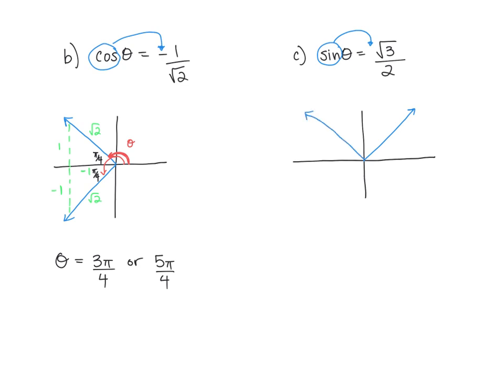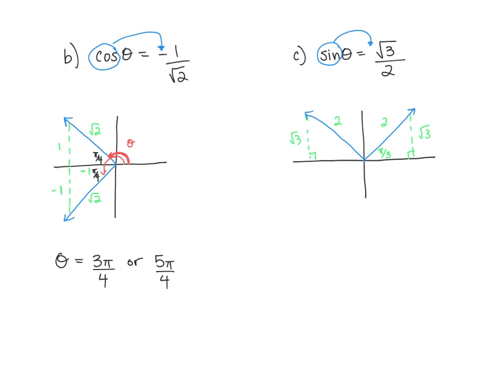I can label from those angles. I know opposite is root 3 over 2. Looking at my special triangles, I know across from root 3 is my middle size side length, which means it will be across from my middle angle, which gives us our pi by 3.